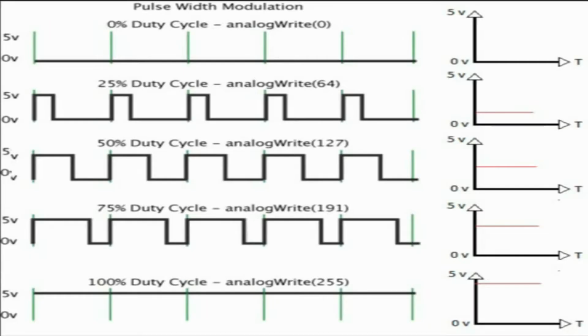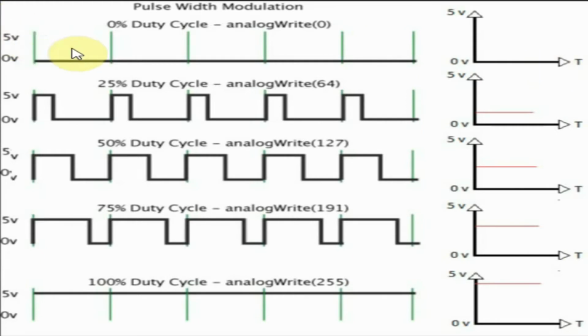So this is a graphical representation of PWM. These graphs show us the output of an Arduino digital pin and how the voltage varies. Let's see the first graph. In this graph, the y-axis shows the output voltage of the Arduino and the x-axis shows the time period.